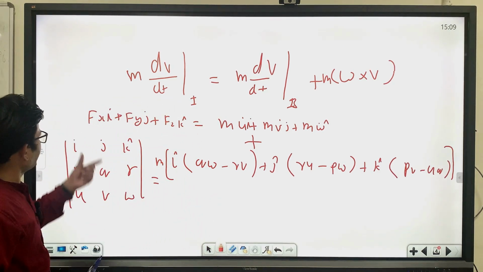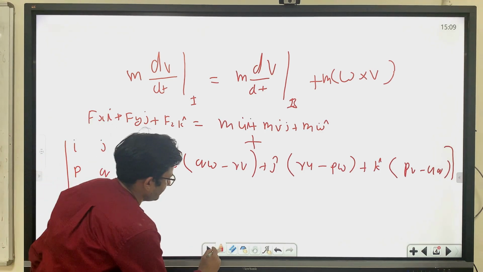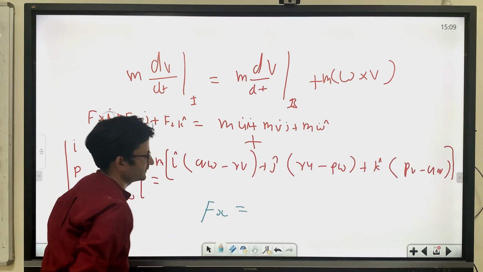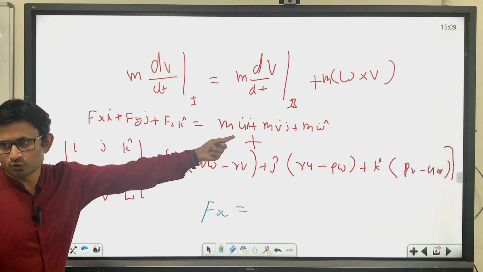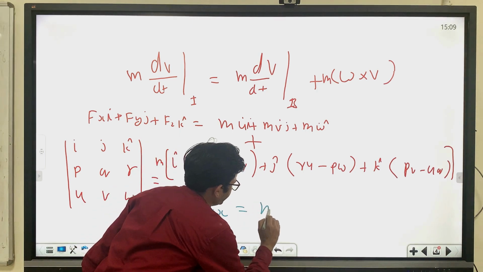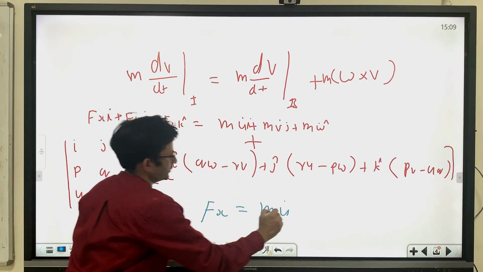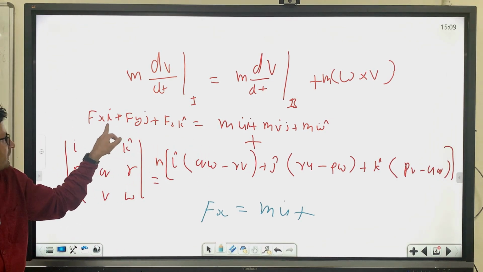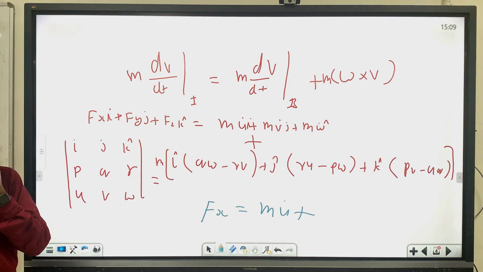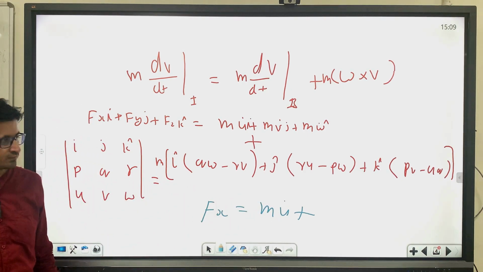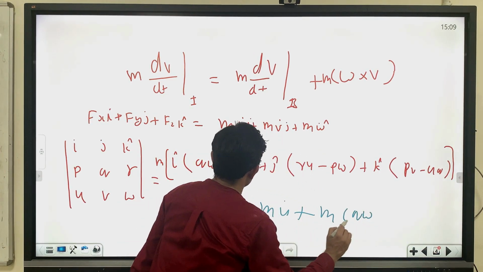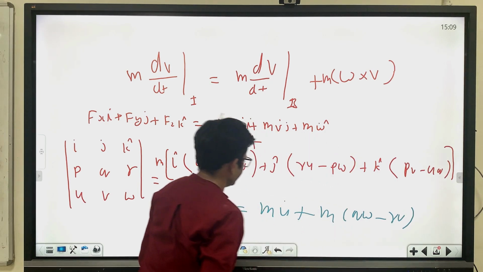So if you compare Fx, what will you get? Please pay attention here: m u dot plus, I am comparing i, right? What should I write here? m (q w minus r v), right?